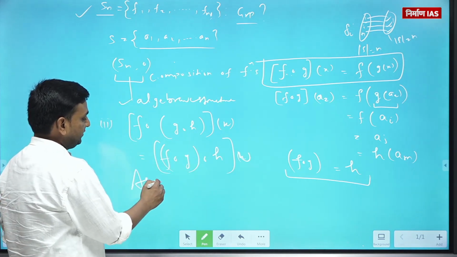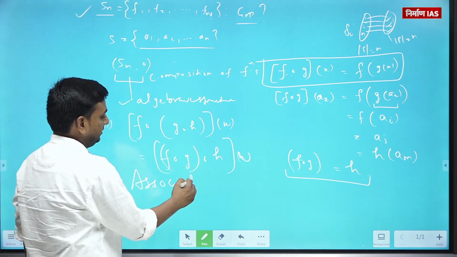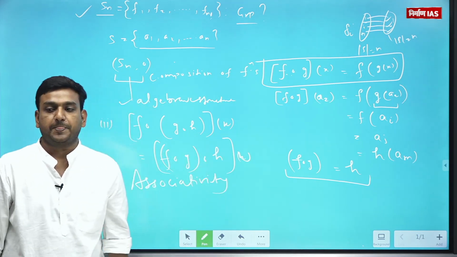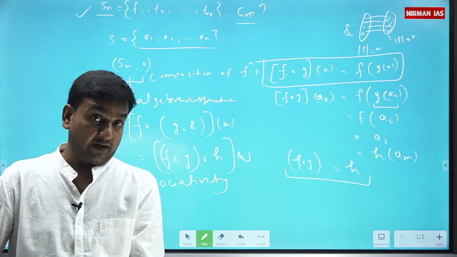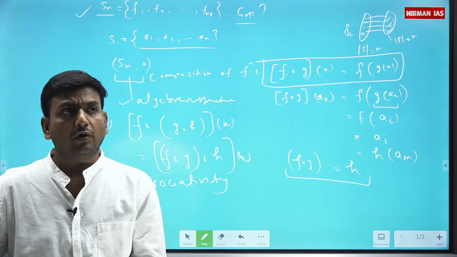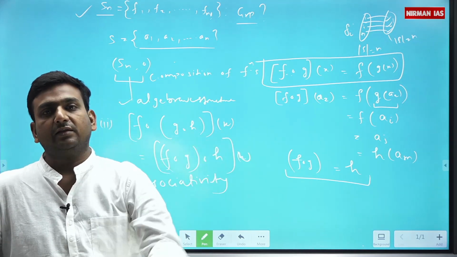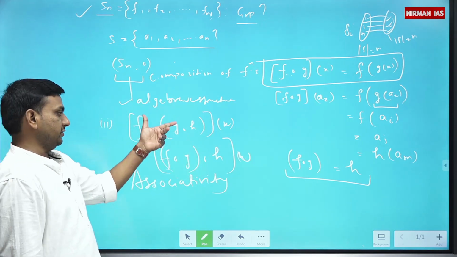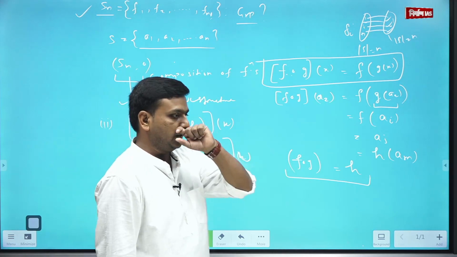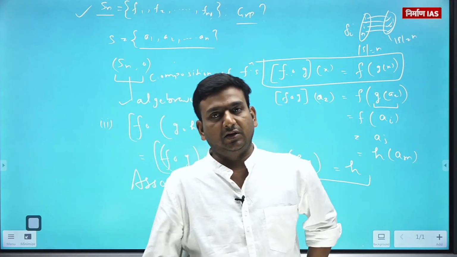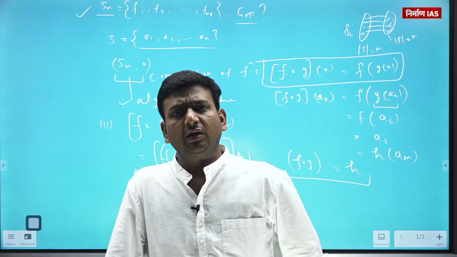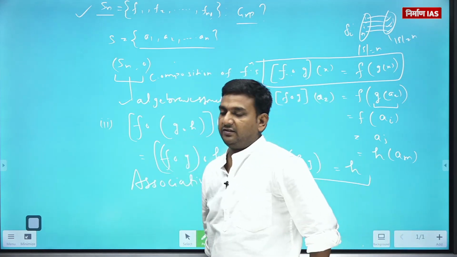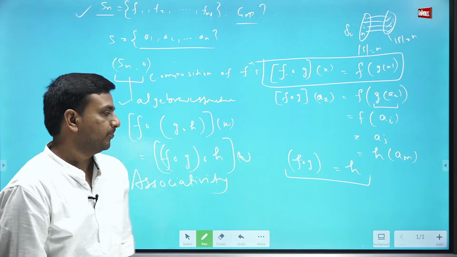So composition of functions follows associativity. Try to remember this for further study in this topic. We will not be doing this again and again. If somewhere we encounter composition of functions, we will say those follow associativity, and at that time you will recall these things. Is that clear?